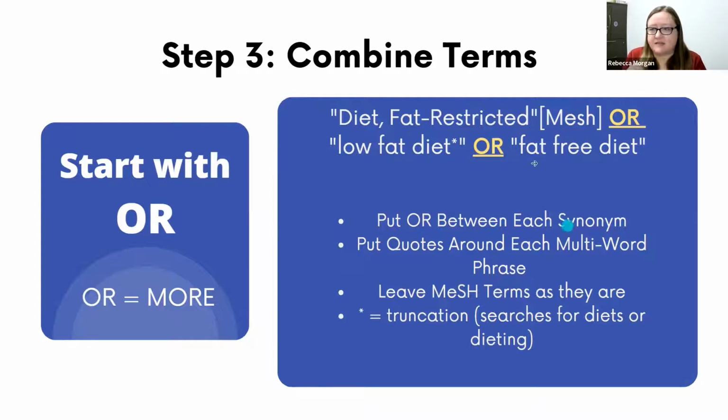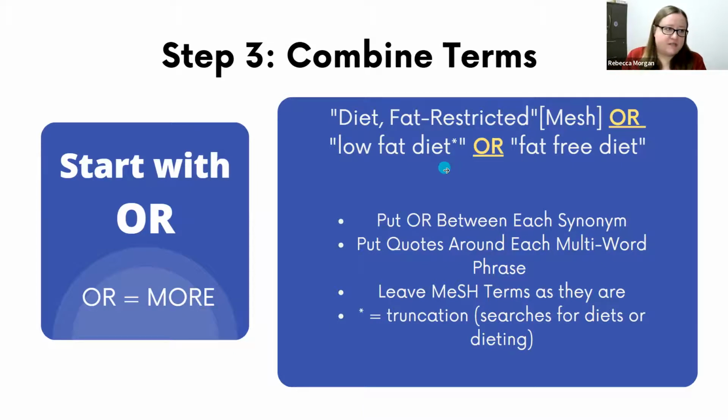So in this case, you can see I have my MeSH term first, OR a low-fat diet, and I will get to this little asterisk in a second, OR a fat-free diet. So these are two different ways to describe fat-restricted. Fat-free is a little more strict, but it is an alternative that you could conceivably want to consider as a synonym.